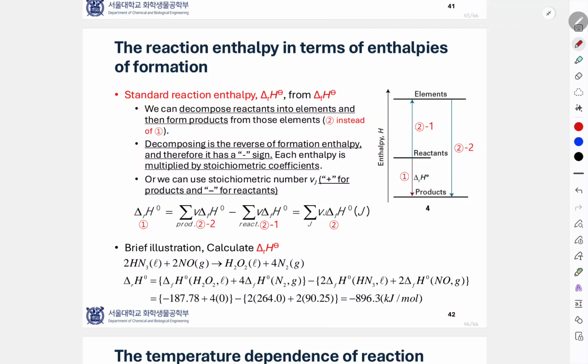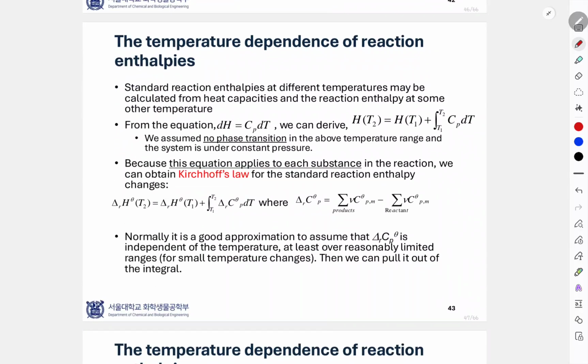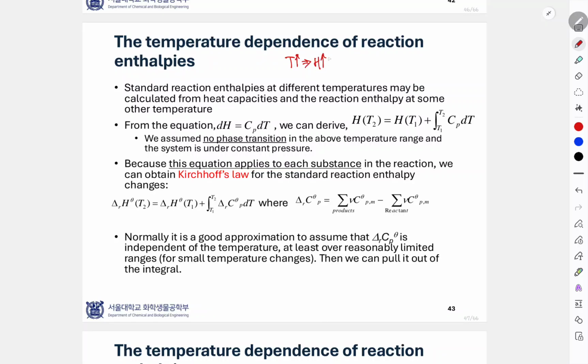Then how do we predict the standard reaction enthalpy at a different temperature? As the temperature rises, the enthalpy increases, and standard reaction enthalpies can be calculated from the heat capacity. Let's see how we can do that.